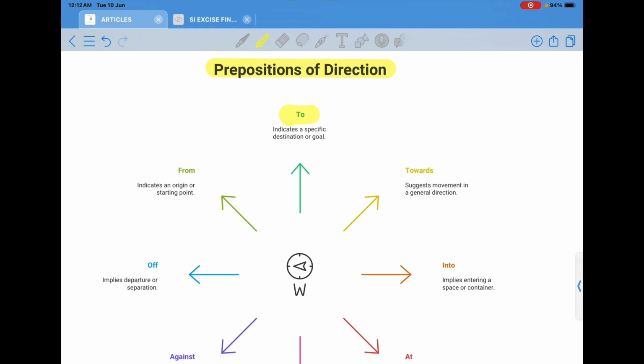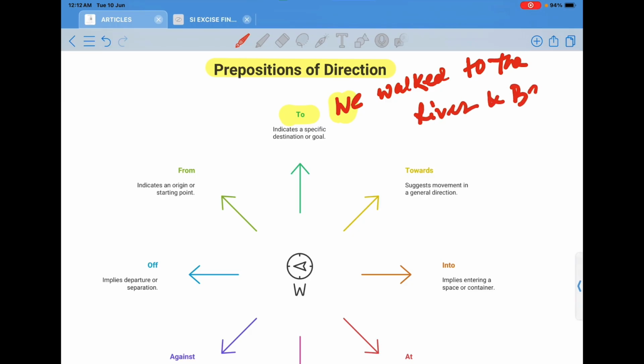Here we went to a particular specific location, and after that we came back.